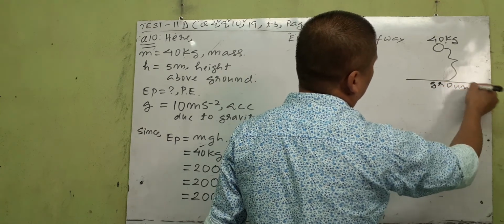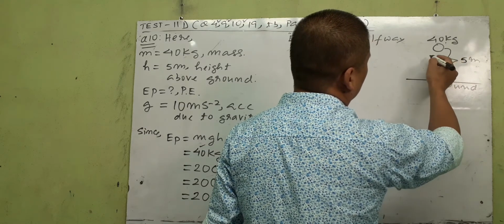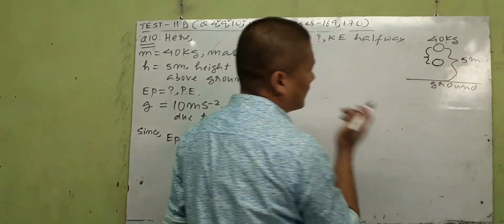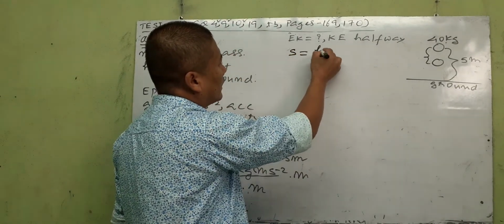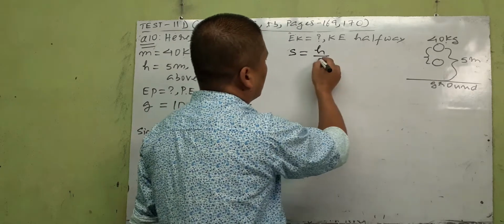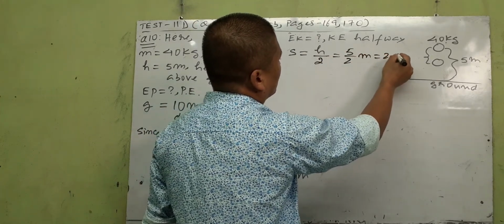If you want to draw, then 5 meter. So halfway means the object is here. So at halfway, the distance traveled will be total height, which is 5 divided by 2 meter, 2.5 meter.